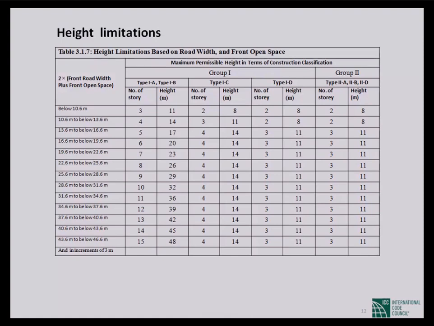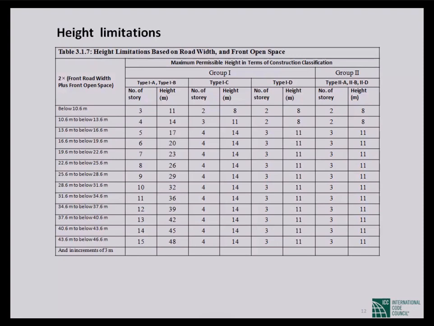But here I would like to show that for different types, there are height limitations. If you would like to go for more than a 6-story building, you have to be in Type 1A or Type 1B. If it is less than that, then you can choose 1C. Type 1 is non-combustible material. Type 2 is combustible material.